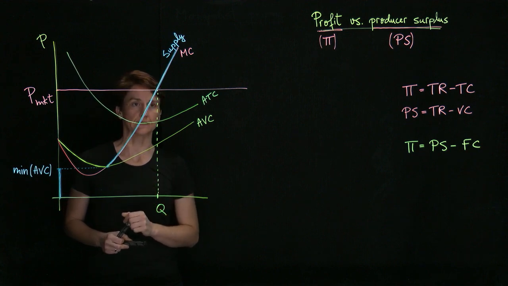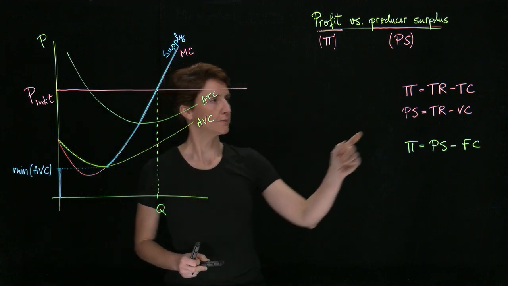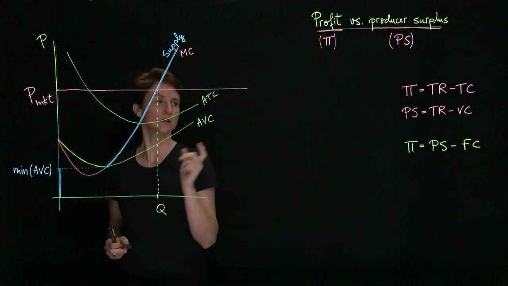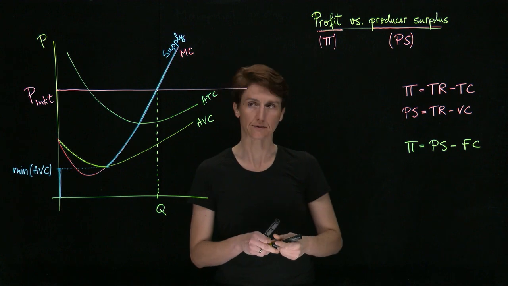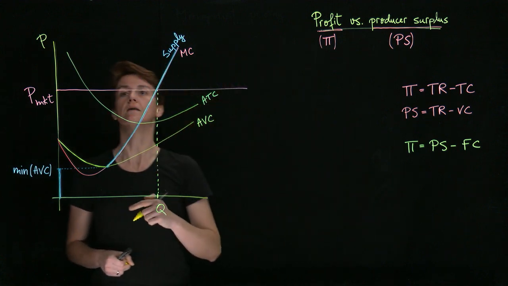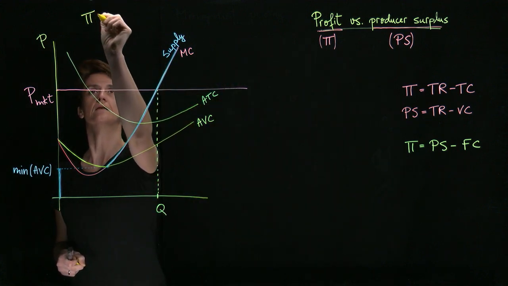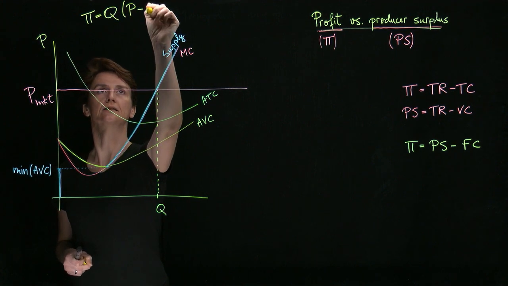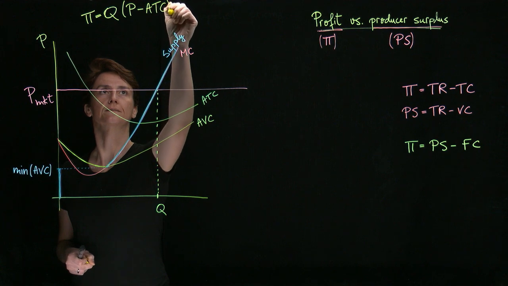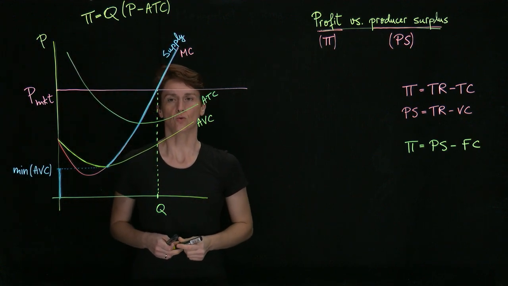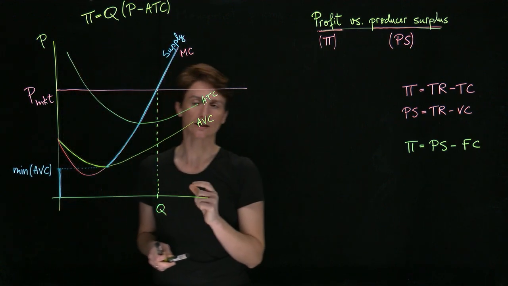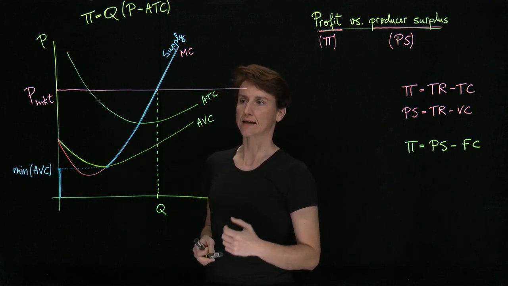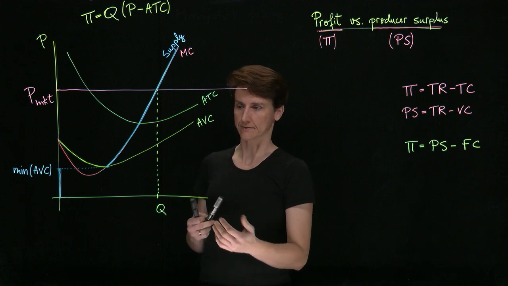Let's see if we can identify profit. Well, profit is total revenue minus total cost. The easiest way to think of it here is that profit is quantity times price minus average total cost. So for every unit produced, we're going to take the difference between the revenue we earn for it, so the price, and the total cost on average.